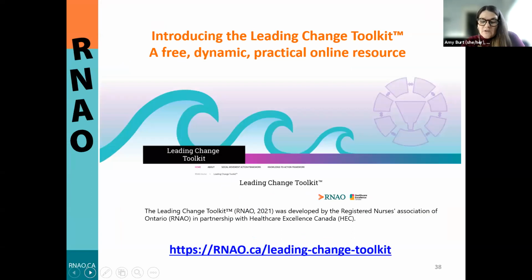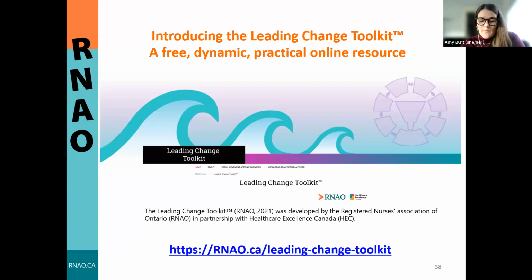We'd also like this opportunity to introduce you to the Leading Change Toolkit, which is our newest implementation toolkit, which was just launched this fall. It's a free, dynamic, practical online resource for creating change within health service organizations. The goals of the Leading Change Toolkit are to promote healthcare excellence at the point of care and to create sustainable, evidence-informed cultures.